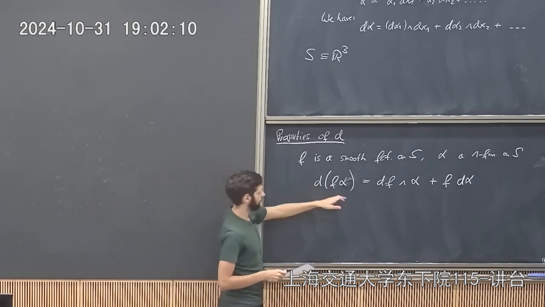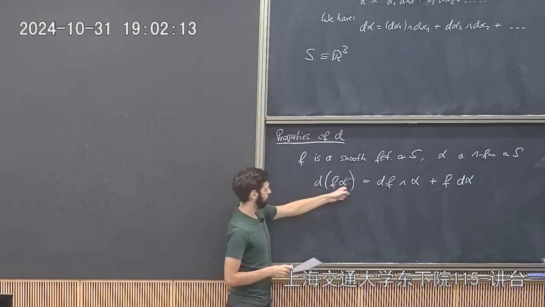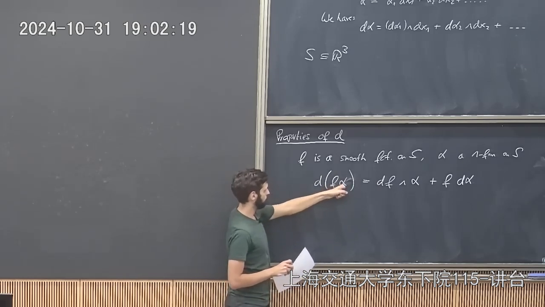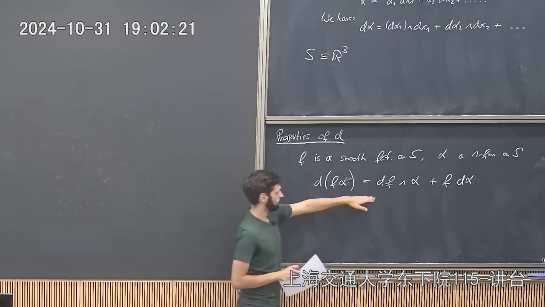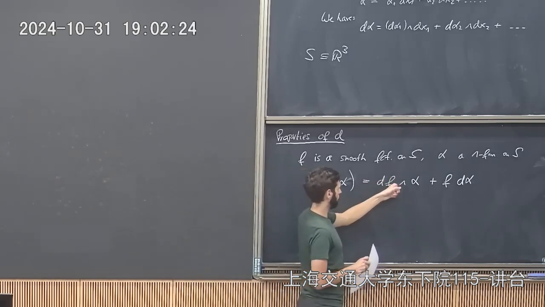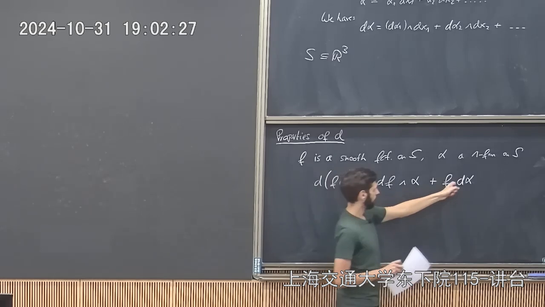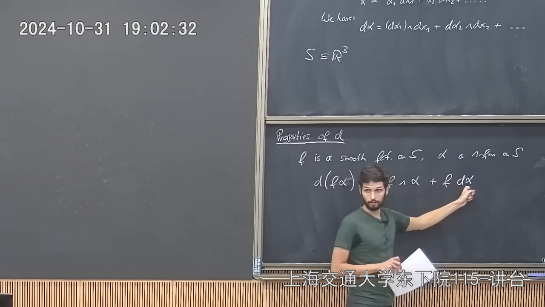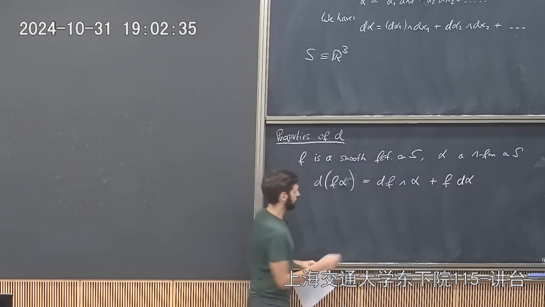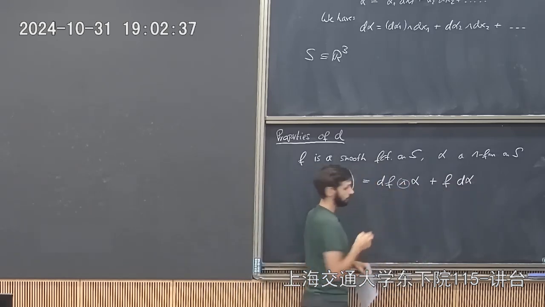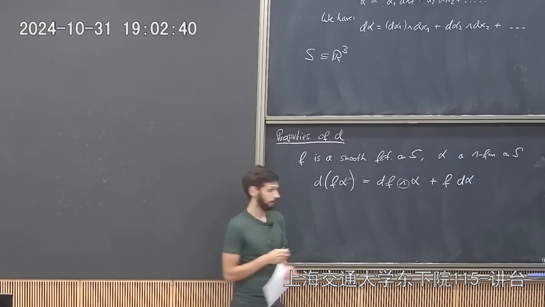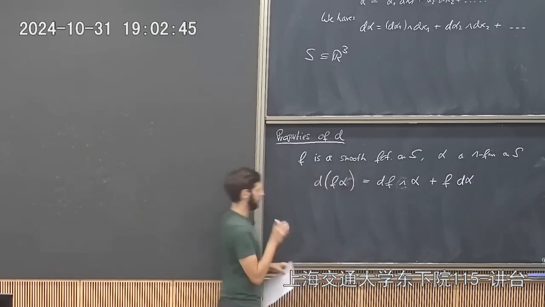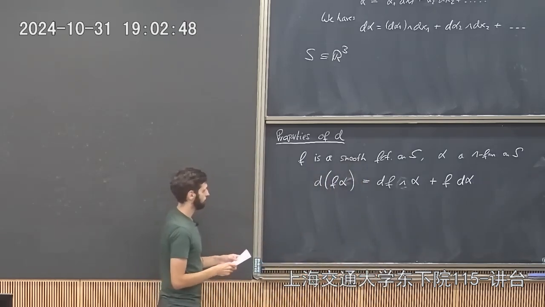If you would consider alpha to be just a function, you would get something of the form: if you have a product of two functions and you take the derivative, you take the derivative of f, the first factor, times the second, plus the first function times d of the second function. So it's very similar. The only difference from the normal product rule is that we now have the wedge product, because we have two one-forms.